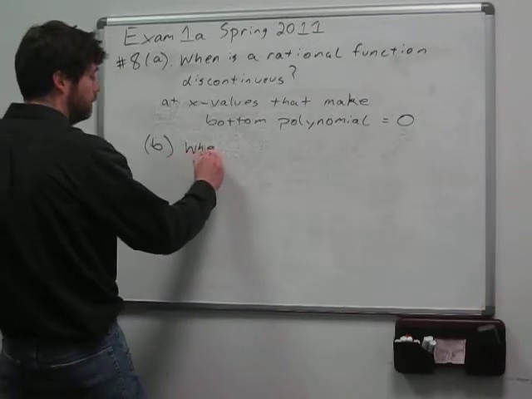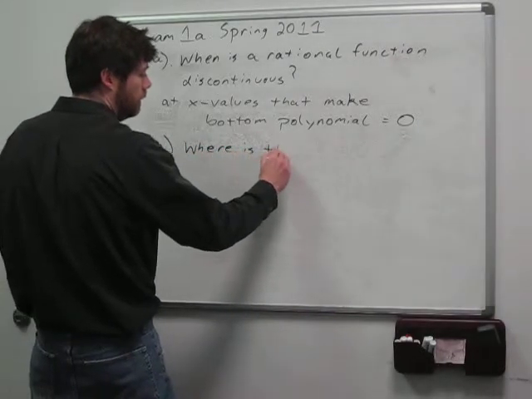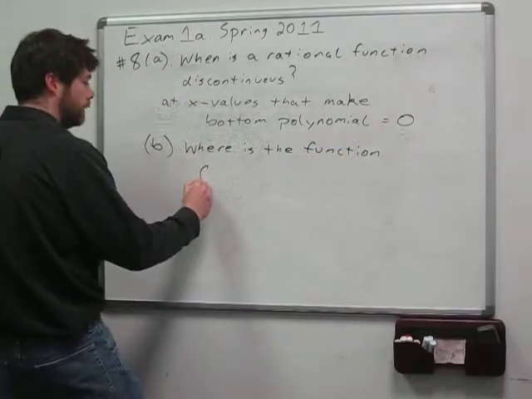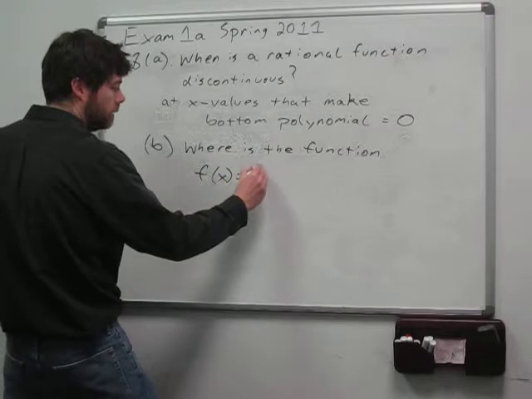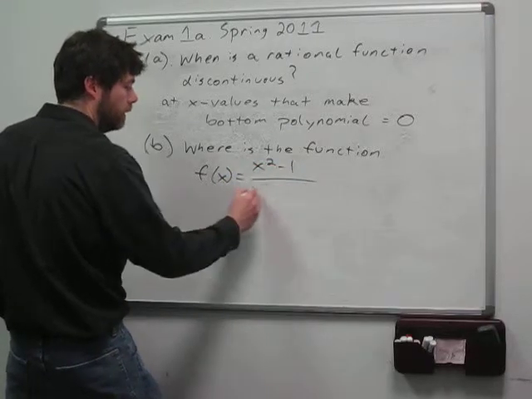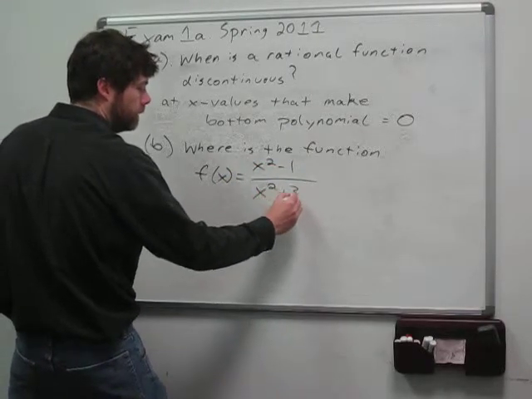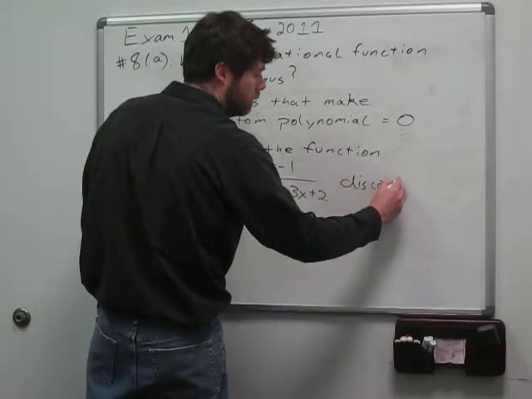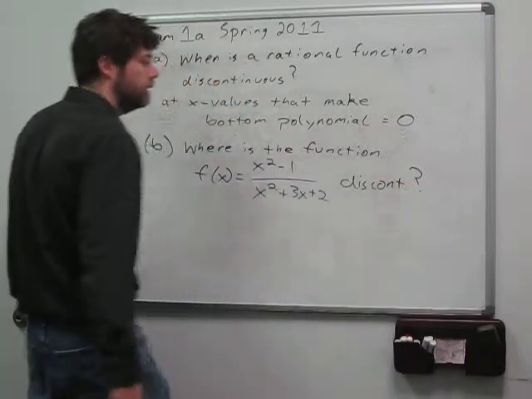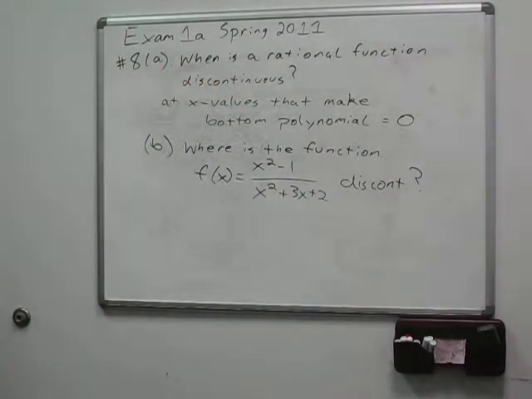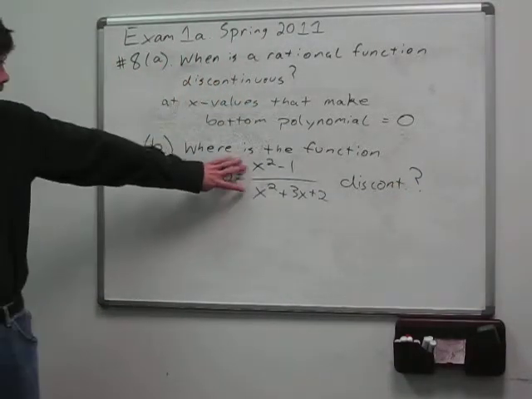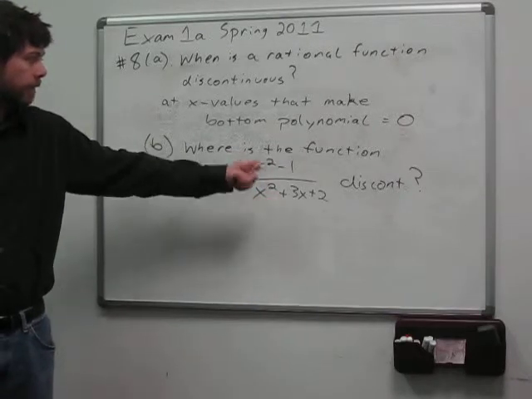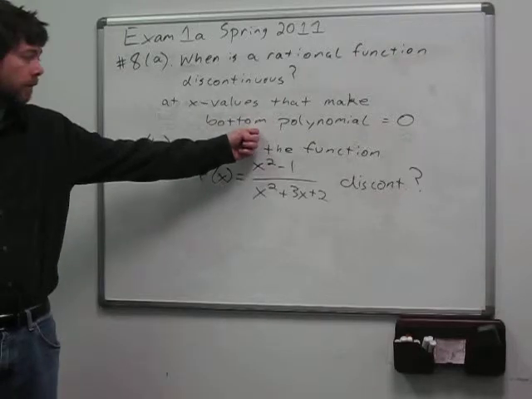So where is the function f of x equal to x squared minus 1 over x squared plus 3x plus 2 discontinuous? Well, again, this is a rational function. It's one polynomial over another polynomial. It'll be discontinuous where the bottom is equal to 0.